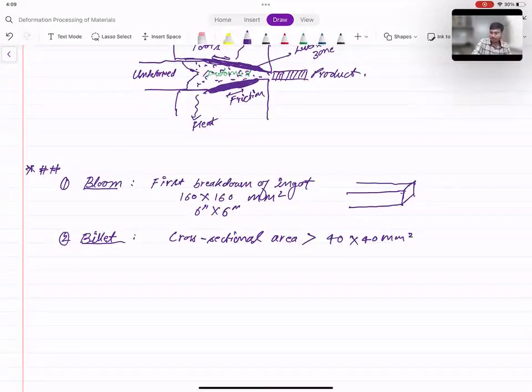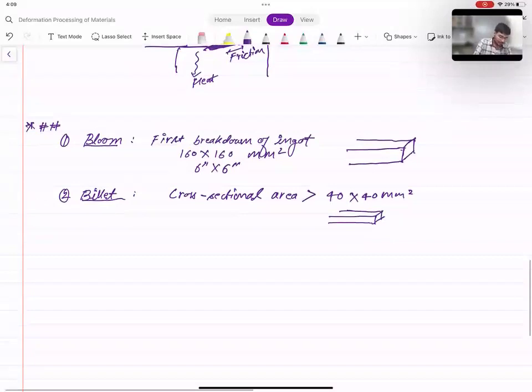It also has a similar appearance, but it somewhat appears longer as compared to the bloom due to the lower cross-sectional area. So this is billet.